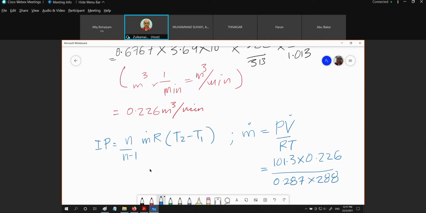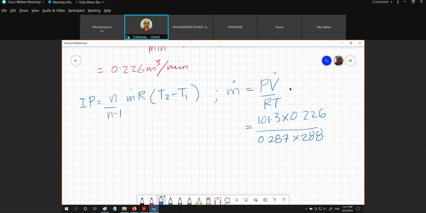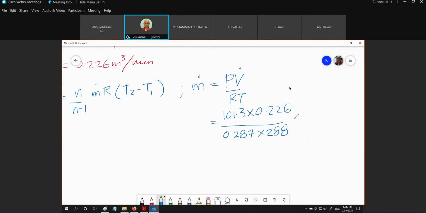Ya, ingat this one is V dot, so this is P, this is T. Jangan guna yang P1 T1 ya, sebab kita ambil nilai V dot ni adalah pada P and T. So maknanya M dot juga gunakan pada P and T tally dengan V dot. So jangan lupa kita kena taruhkan per second, so this one divided by 60, sebab V dot di sini adalah meter cube per minute. So get the M dot.